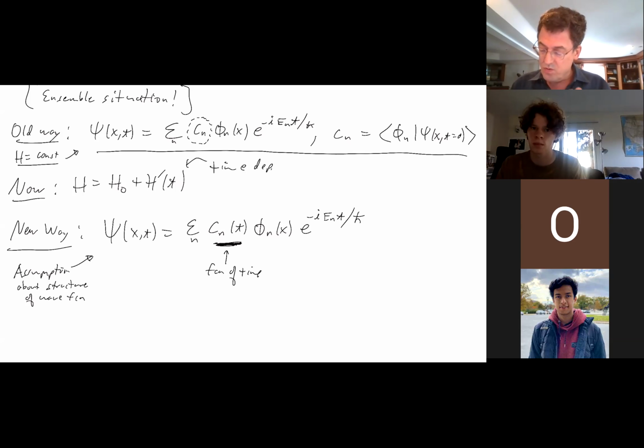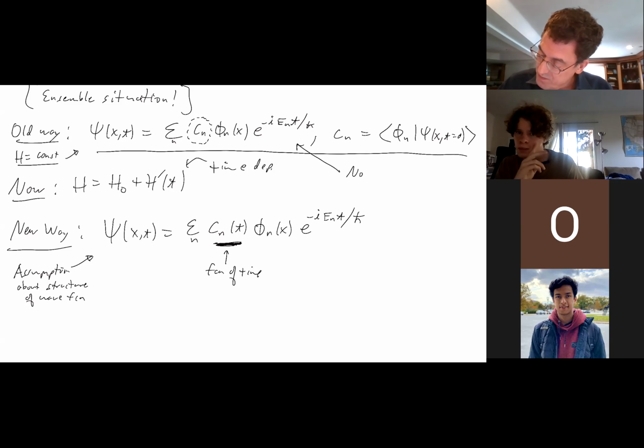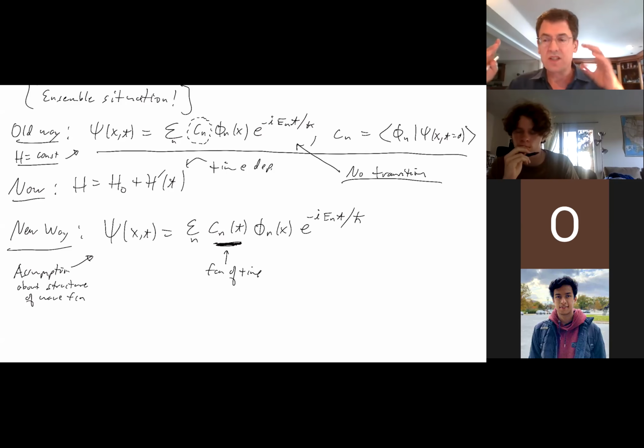The way to think about it is that in the old way there are no transitions.